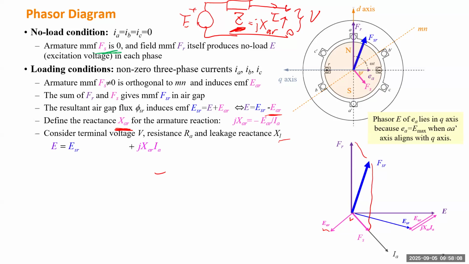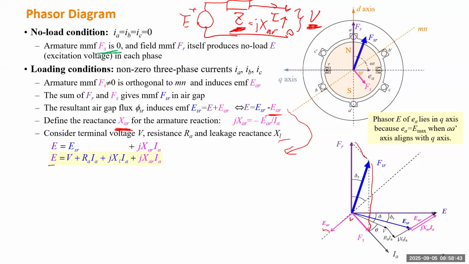Okay, so first we rewrite this equation, and we replace the negative armature winding induced voltage by the voltage drop on some reactance. Next we also add the voltage drop on the resistance and on the leakage reactance, and V here is the final voltage connected to the system.